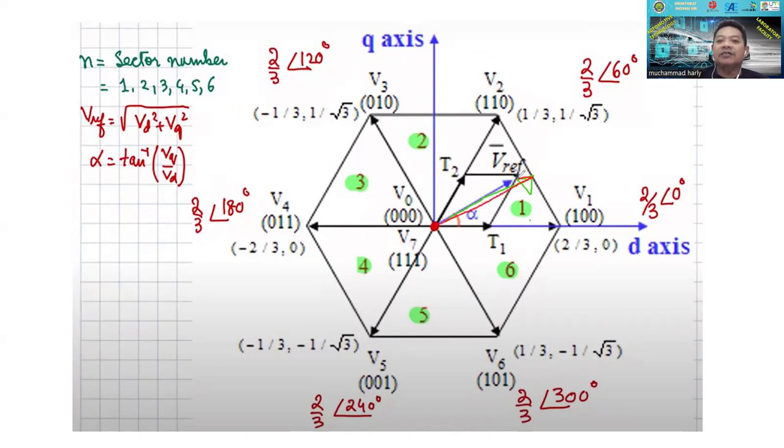This vector here is the representation of the resultant of the magnetic flux produced by the stator magnetic fields that are always rotating around the rotor, with the given speed. So it is rotating like this.